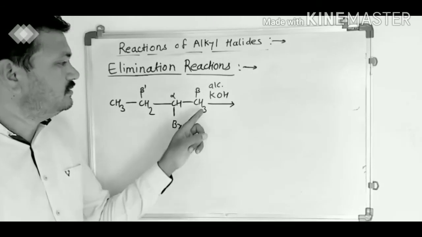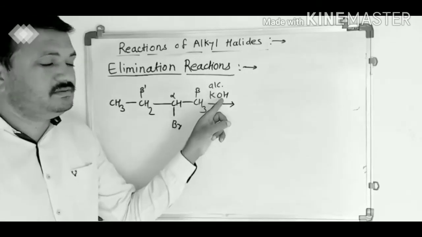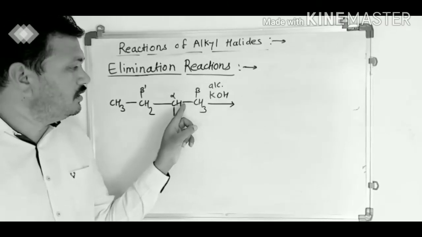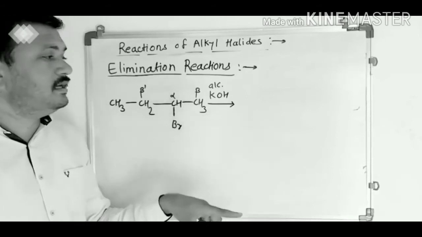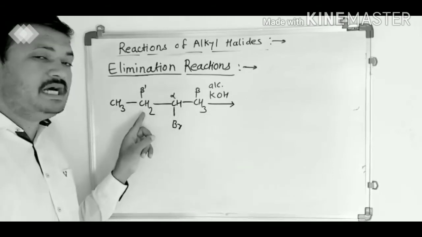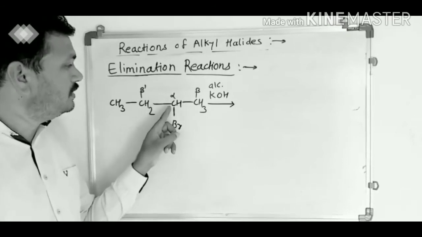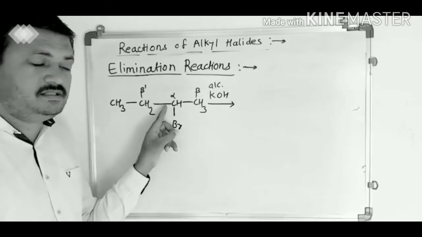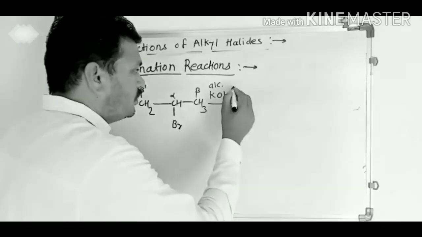In one case, when the beta hydrogen atom is abstracted by this base, formation of double bond here and removal of this group takes place. In the second case, removal of this beta dash hydrogen, formation of the carbon-carbon double bond here takes place and removal of this group takes place. Therefore, we get two types of products.